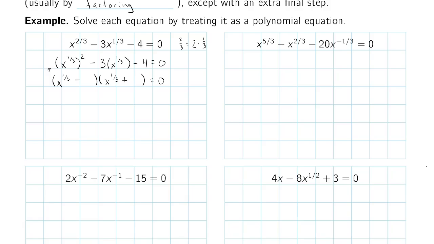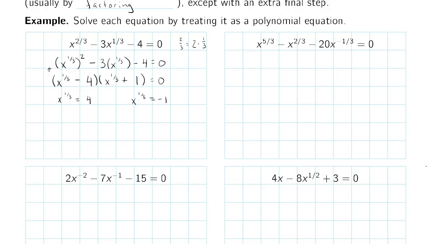I want them to add up to -3, so I'll have -4 and 1. One of my factors has to be 0. Either x to the 1/3 is positive 4, and we have 4 minus 4 equals 0. Or x to the 1/3 is -1, and we have -1 plus 1 equals 0.